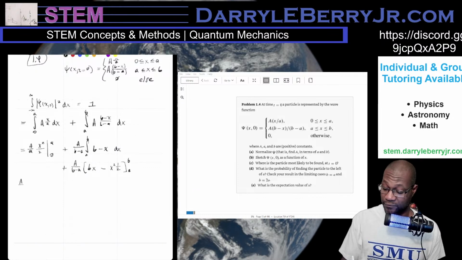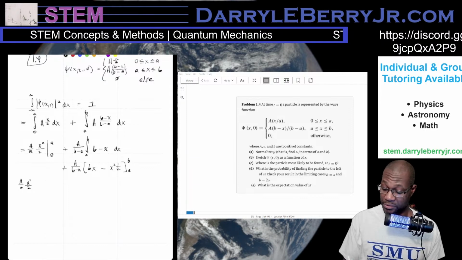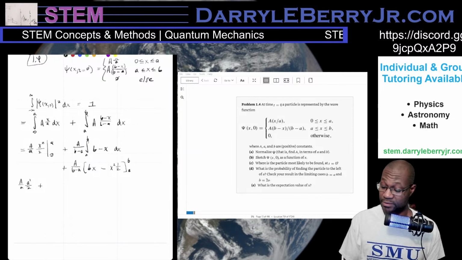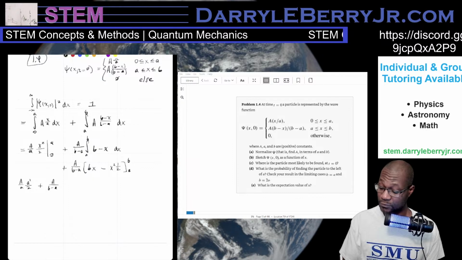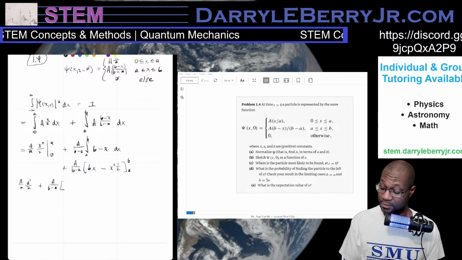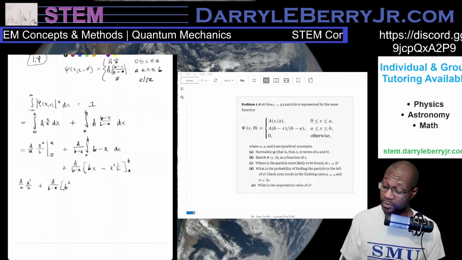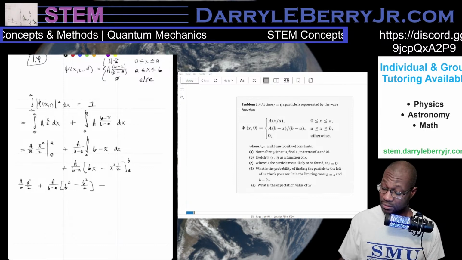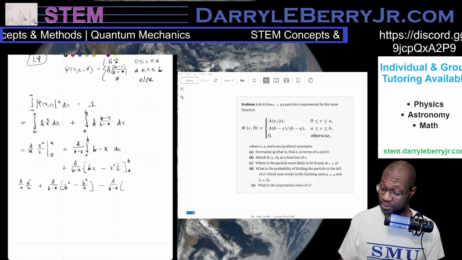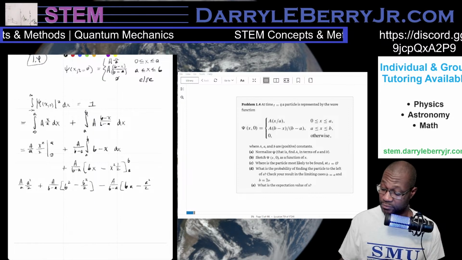So we have A over a, a squared over 2, and then the next one is going to be 0 plus A over b minus a, and this is going to be b squared minus b squared over 2, minus, for the lower limit, b a minus a squared over 2.